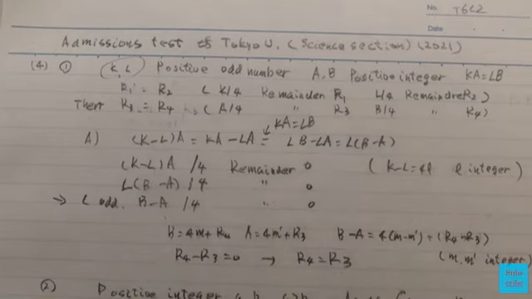Then (K minus L) times A divided by 4 has remainder 0.